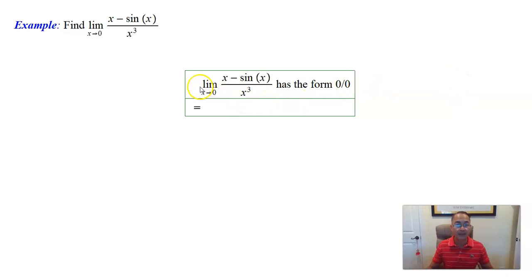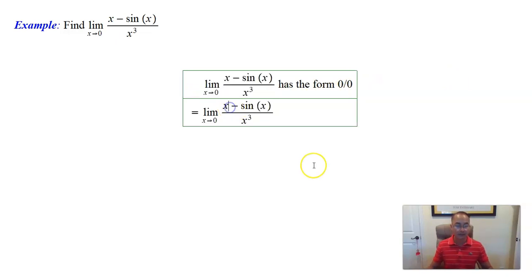We'll get the limit as x approaches 0, derivative of the numerator. Derivative of x is just 1. Sine of x, we just did that a minute ago, so this is now cosine of x, divided by the derivative of the denominator x cubed, so power rule, we get 3x squared.